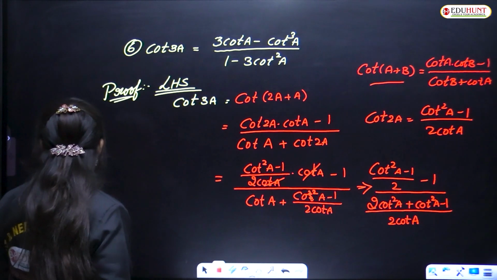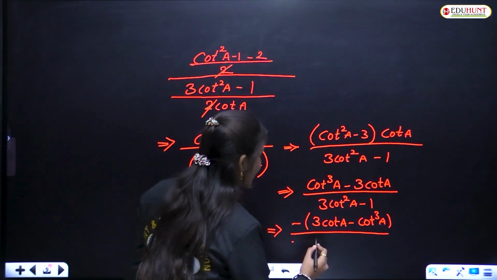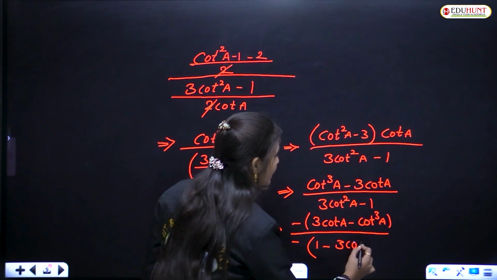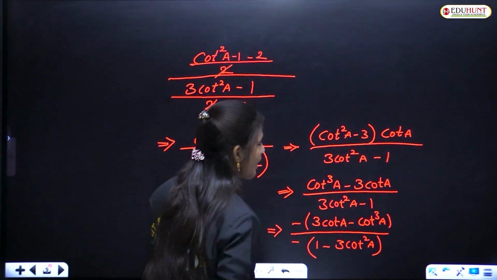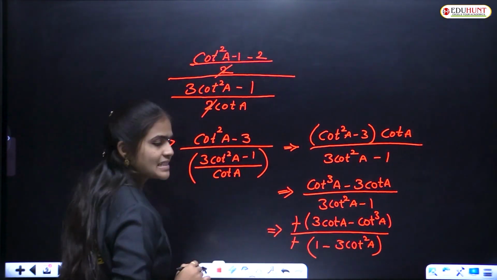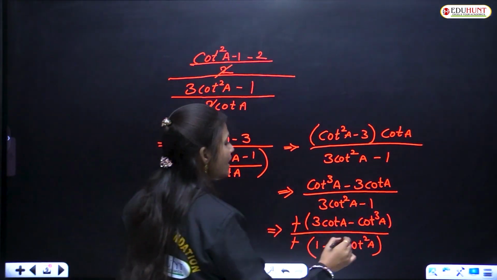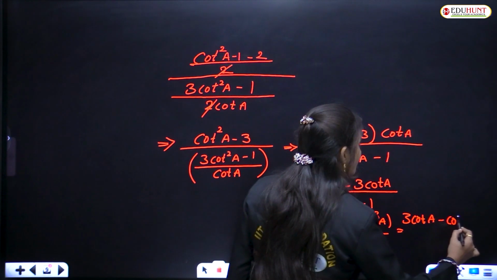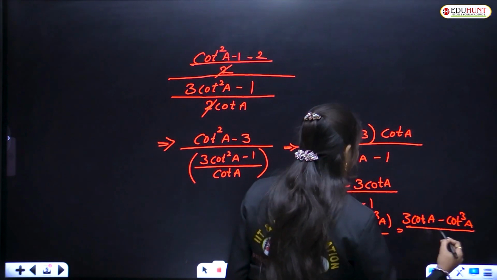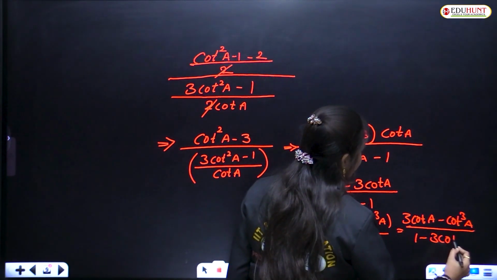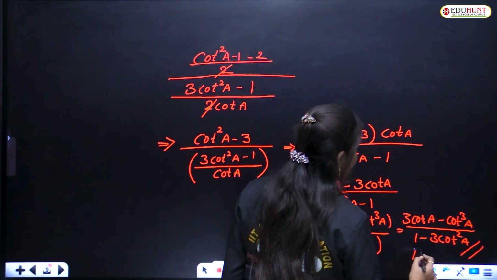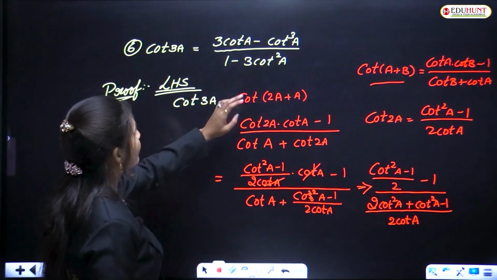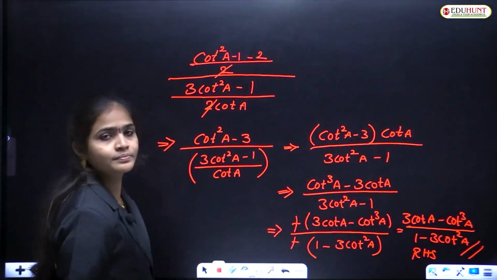So take minus as common from the denominator also. Now we can write this as 1 minus 3 cot square A. Understand? So minus and minus get cancelled. Now we get 3 cot A minus cot cube A whole by 1 minus 3 cot square A. So this is the RHS. Yes or no?